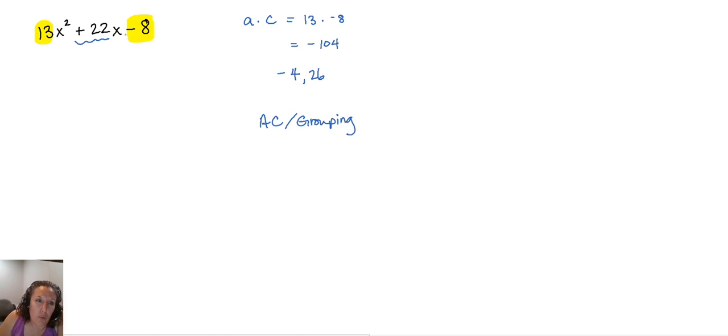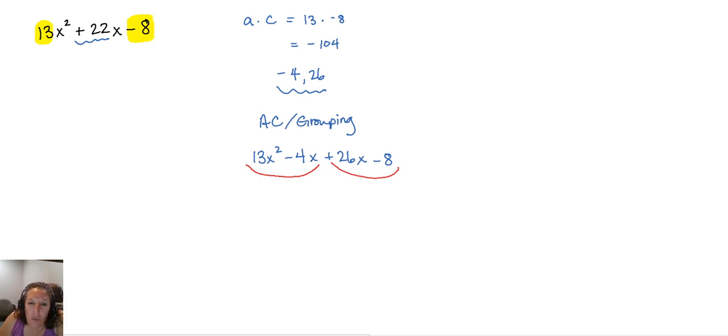We're going to leave that 13x squared and the minus 8 exactly as they are, but instead of writing the 22, I'm going to use the two numbers that we have here, and break that up and write it as negative 4x plus 26x. Then we've got four terms here. We can factor it by grouping. So we're going to group our first two together and our second two together.